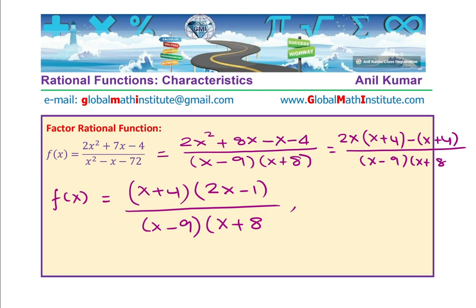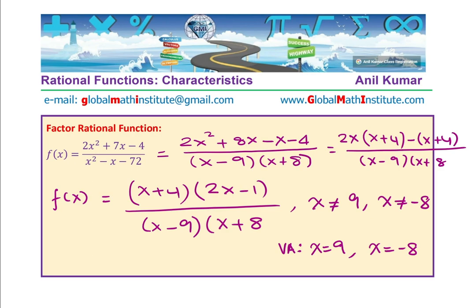So as soon as we get our rational function, we are in a clear position to say that x is not equal to 9 and x is not equal to minus 8. So at these 2 points, we have a vertical asymptote, correct? So we have vertical asymptotes at x equals 9 and at x equals minus 8, correct?